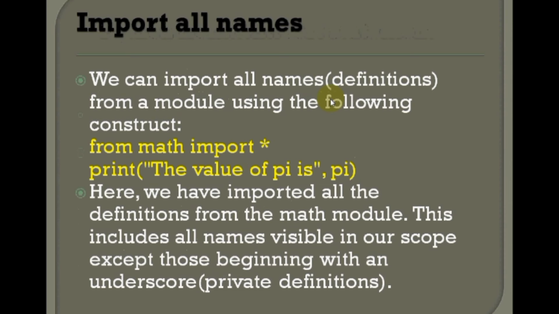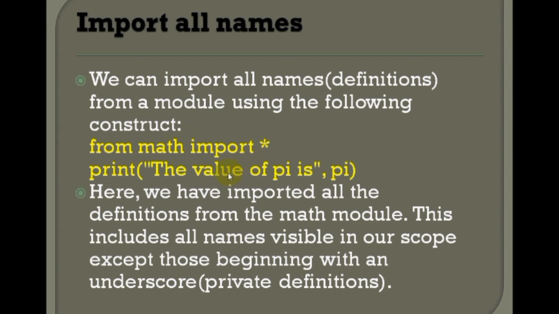Now see, if you have to access all the properties of the module without using the name of the module in the code fragments, then you have to use this statement: from the name of the module, import asterisk. Asterisk means you are accessing all the properties of that particular module.